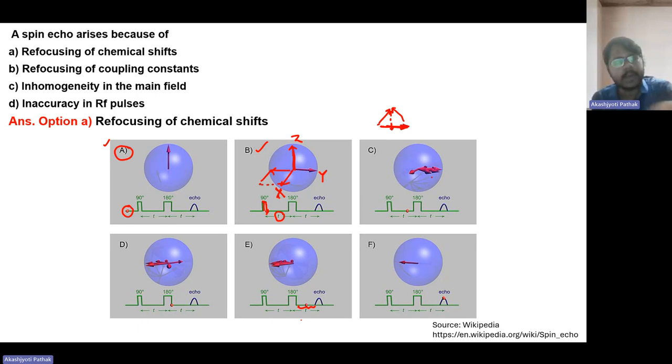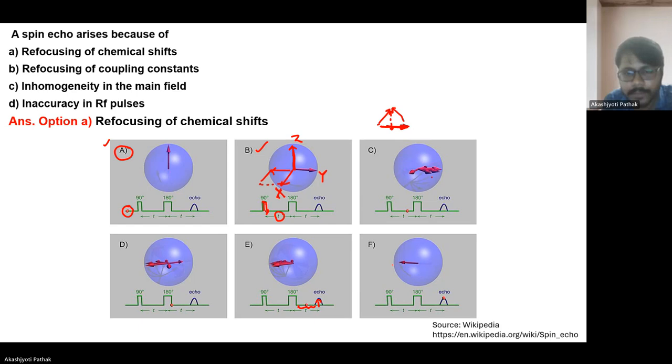And when this refocusing of all the nuclear spins happens in that particular direction, I will get a very strong signal, and that is the acquisition echo signal. This peak arises because of refocusing of chemical shifts.